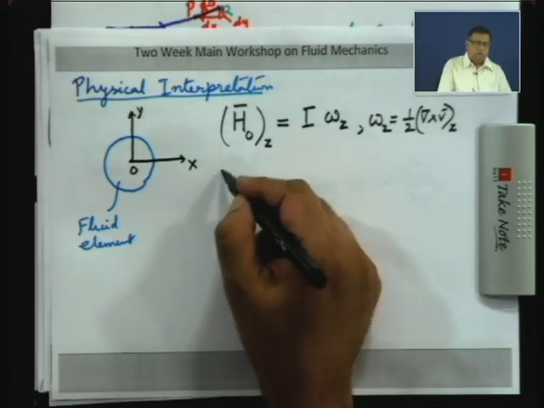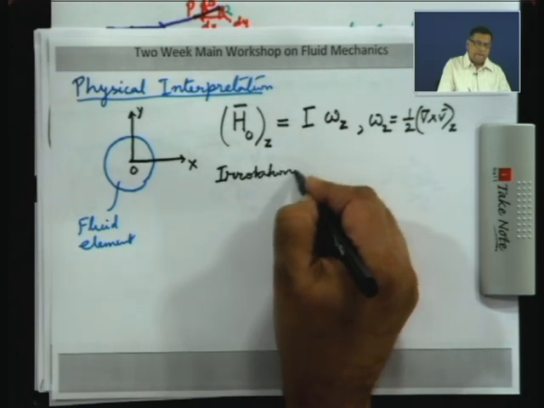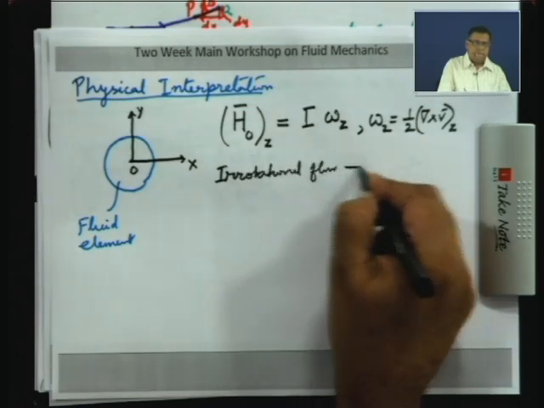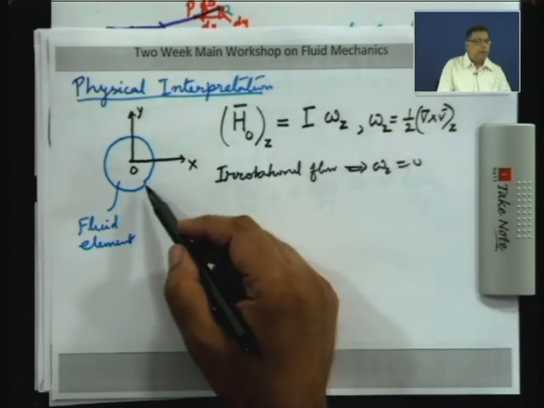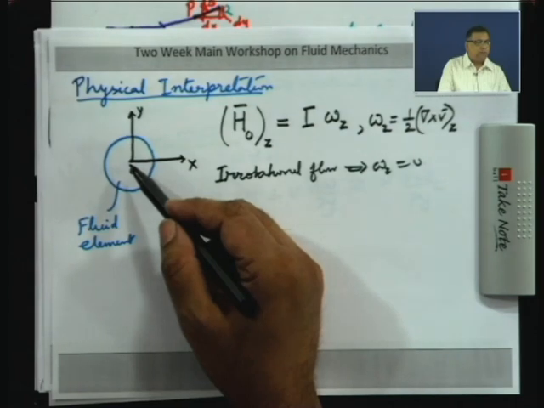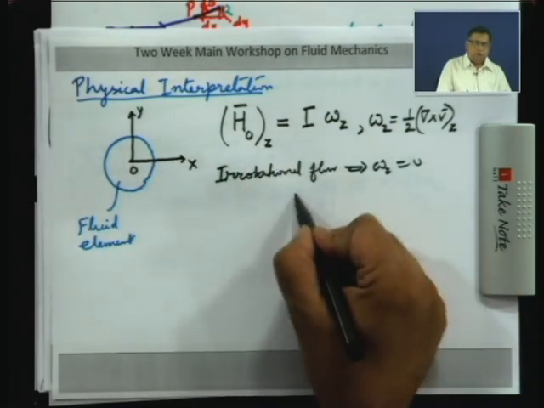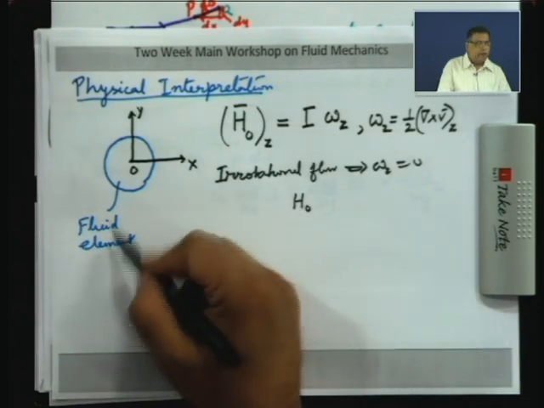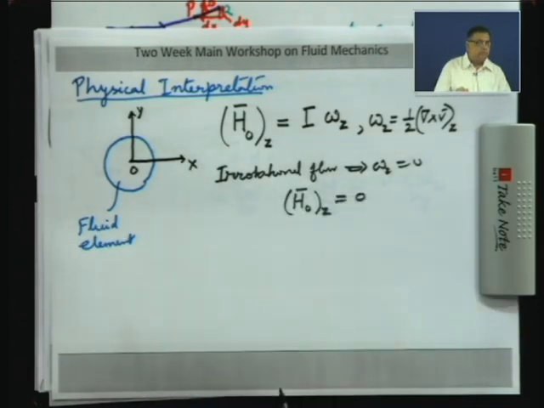Now, for an irrotational flow omega z is 0. That means, if you have a fluid element in the form of a cylinder in 2D incompressible irrotational flow, the angular momentum of this element about the z direction is going to be 0.